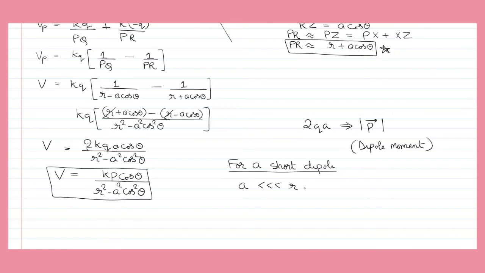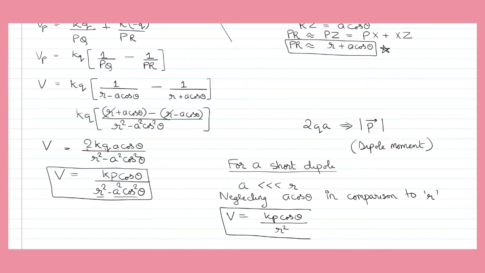So in comparison between R and A cos theta, I will neglect A cos theta in comparison to R. The formula will come K P cos theta upon R square.